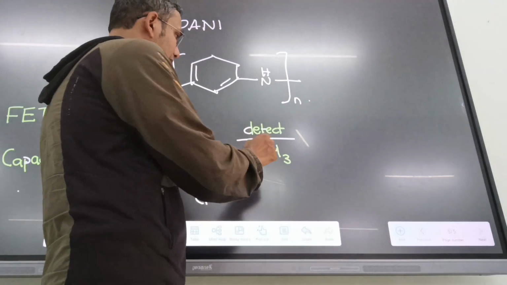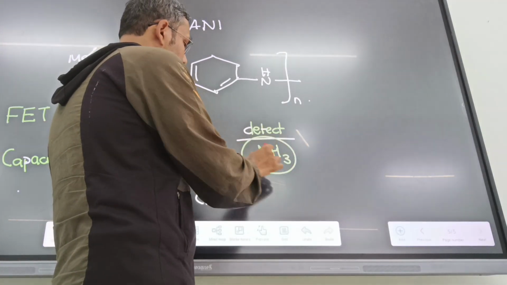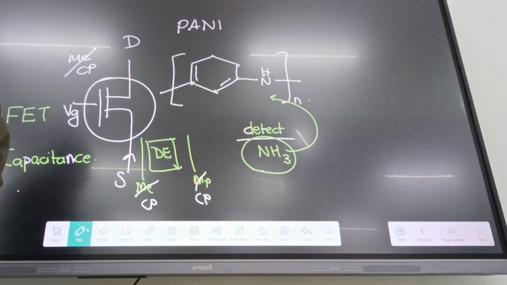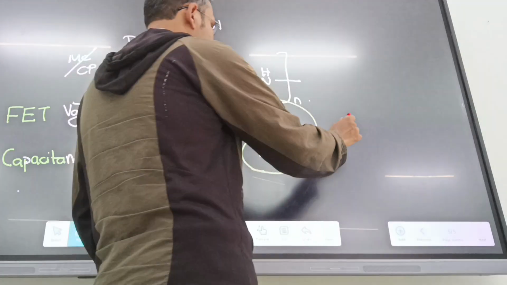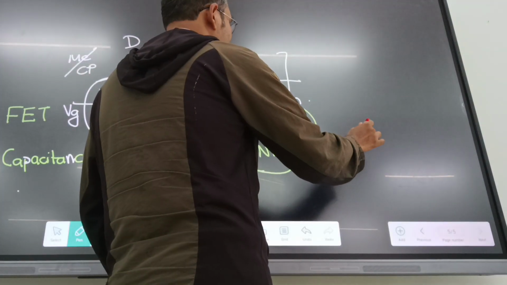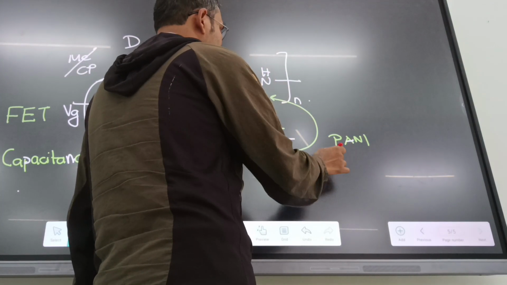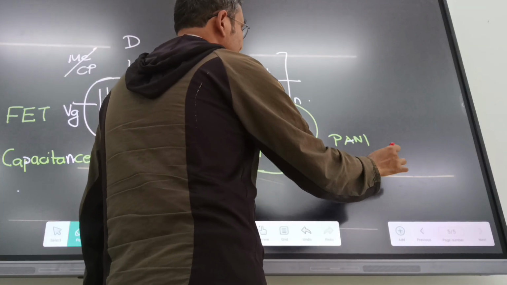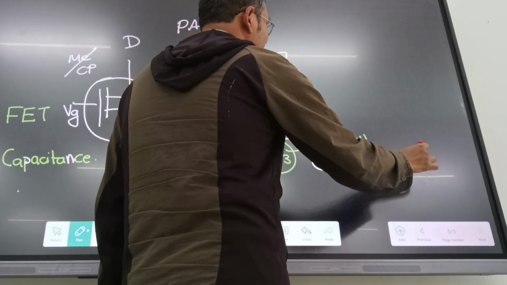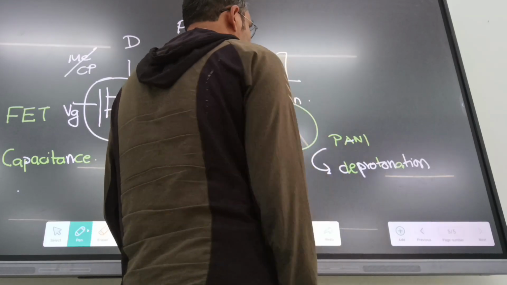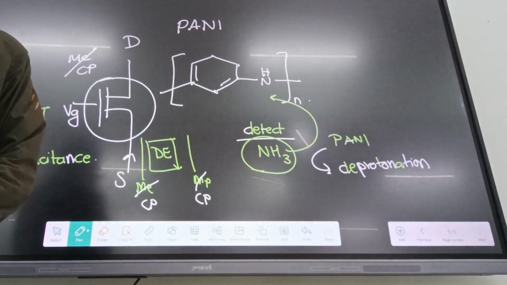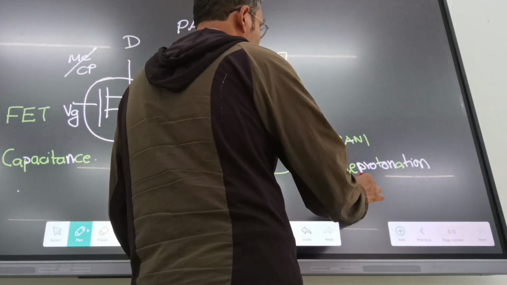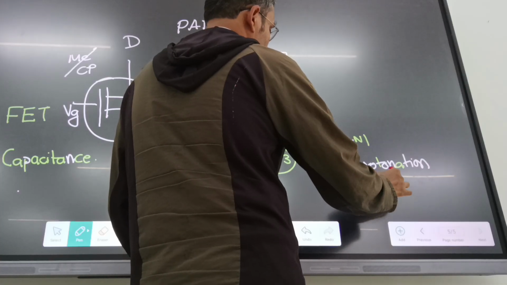How does it detect this? In the presence of ammonia, lattice distortion will take place. What happens from this? This PANI undergoes deprotonation and it loses its positive charge.